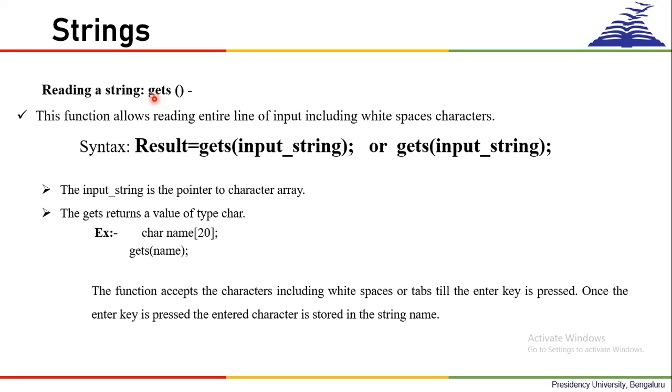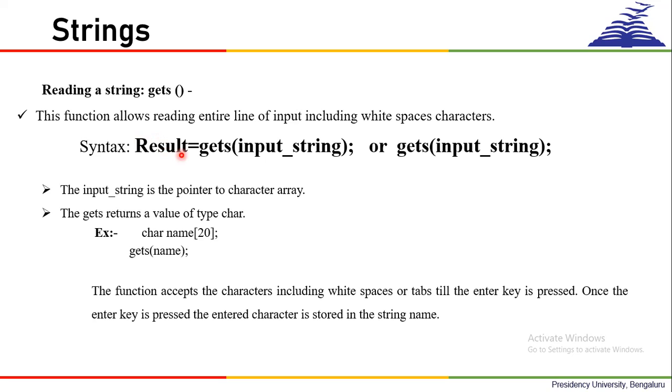So gets is the unformatted input. This function allows reading the entire line of input including the white space characters. This is the basic difference between the formatted and unformatted. Moreover, we don't require any kind of format specifier while writing the code. Here you can see the syntax.